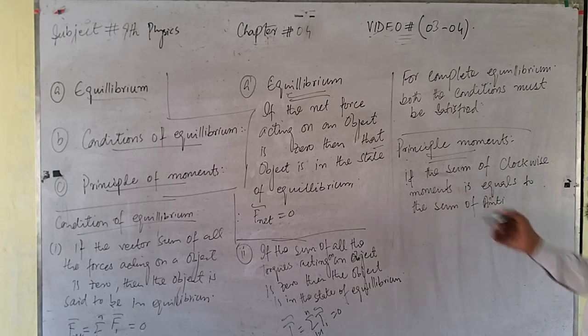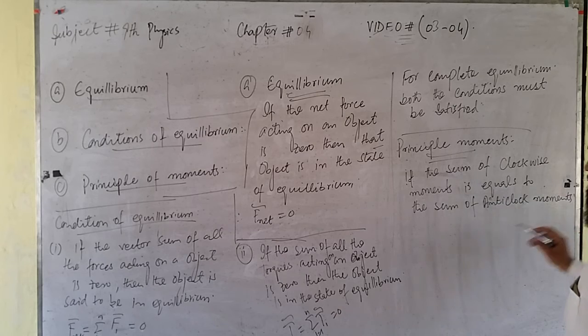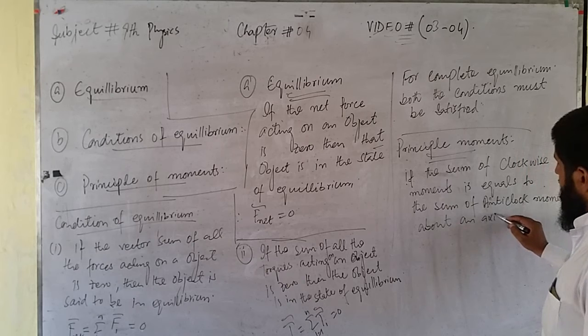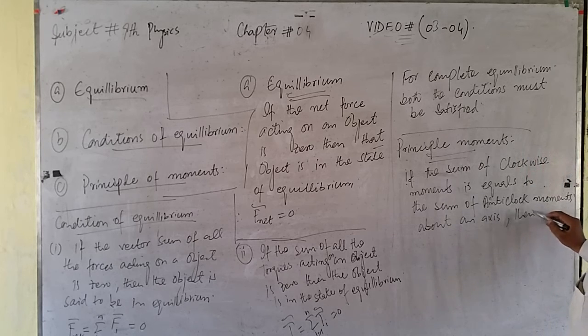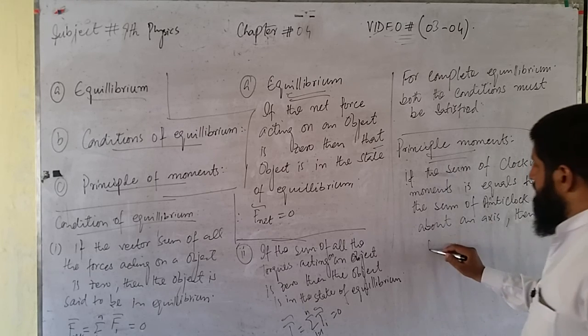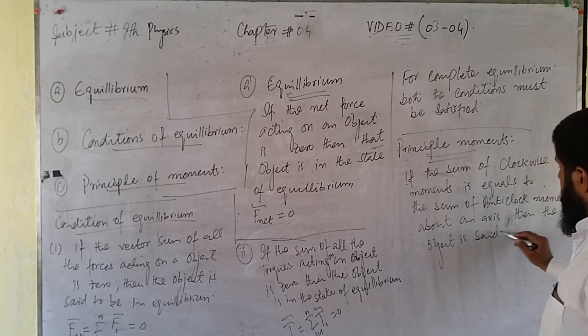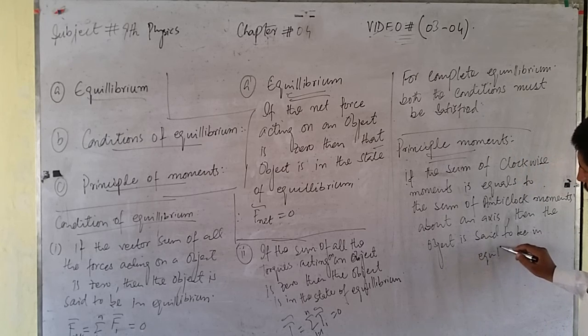If the sum of clockwise moments is equal to the sum of anti-clockwise moments about an axis, then the object is said to be in equilibrium.